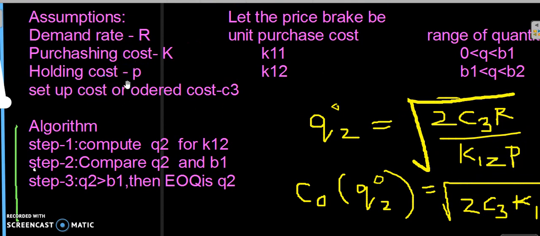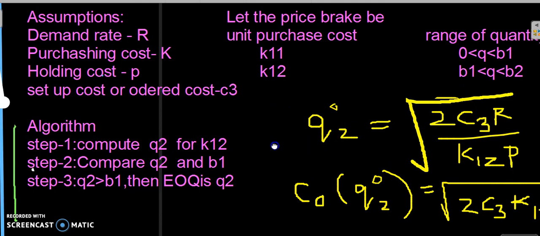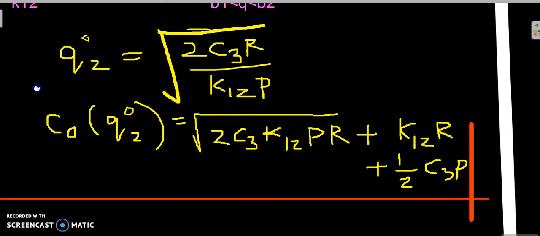So everything is given to us. By substituting these in this formula, we can get Q2. Similarly, by applying all the values in this formula, we can get the corresponding optimum cost.